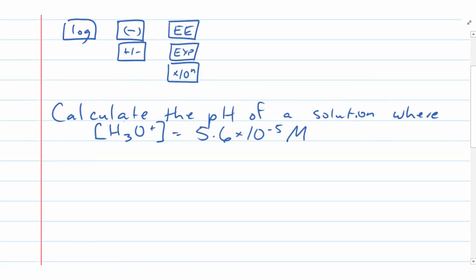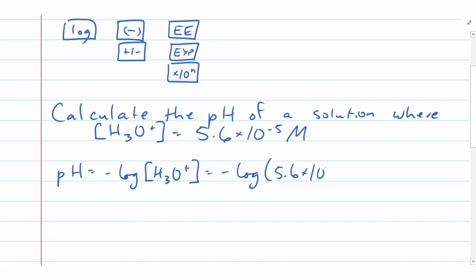Well, to calculate the pH, we remember that the formula is the pH is equal to the negative log of the hydronium ion concentration. We substitute a value of 5.6 times 10 to the -5th for the hydronium ion concentration. We want to calculate that answer.